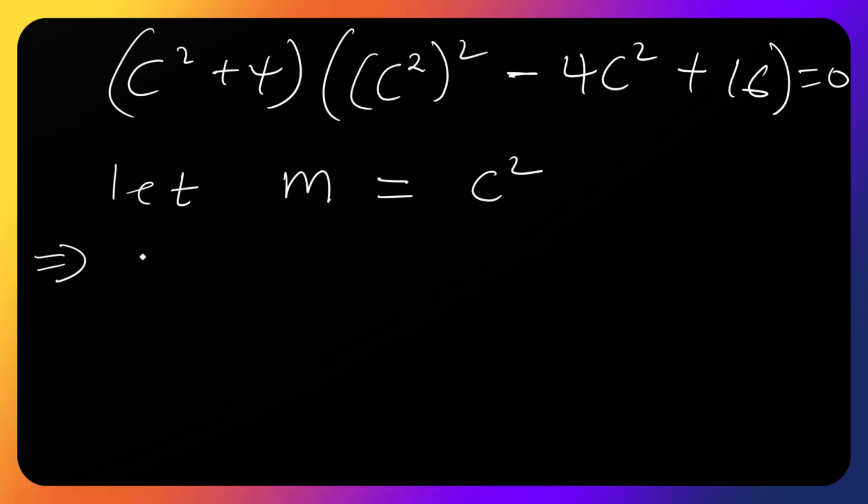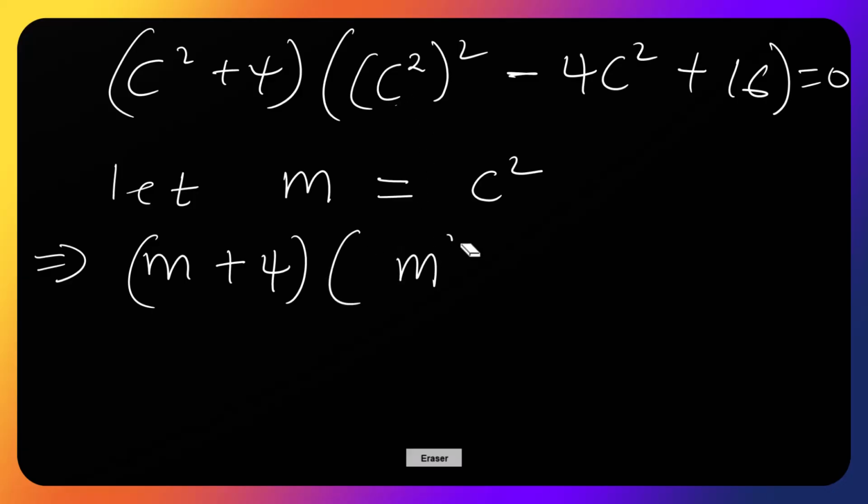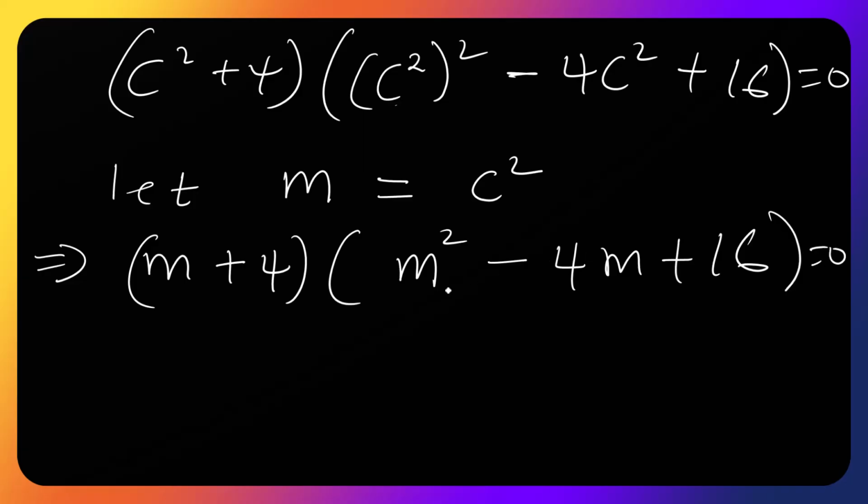So this side will be m plus 4, and this is m squared minus 4m plus 16 equal to 0.